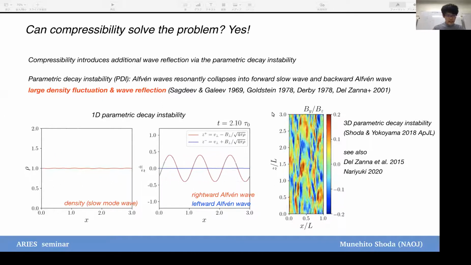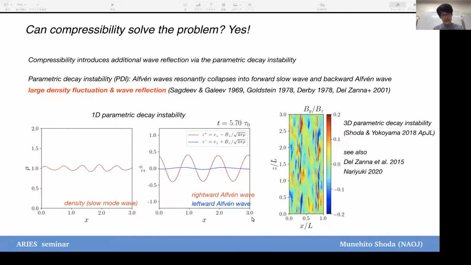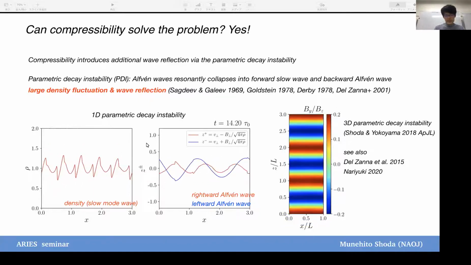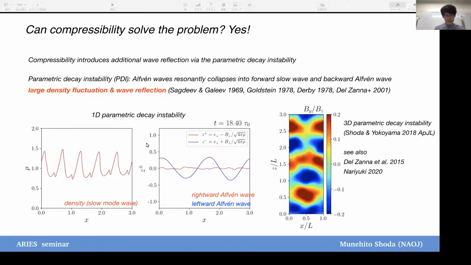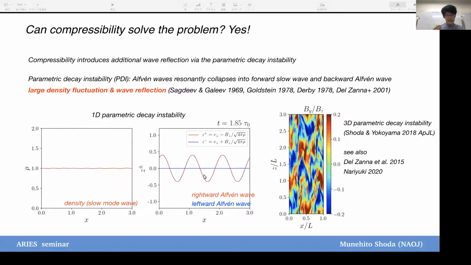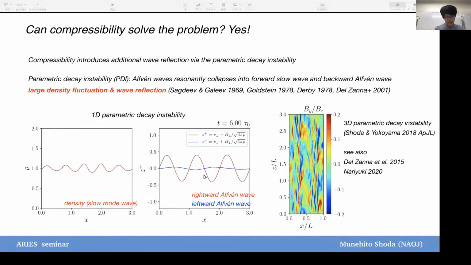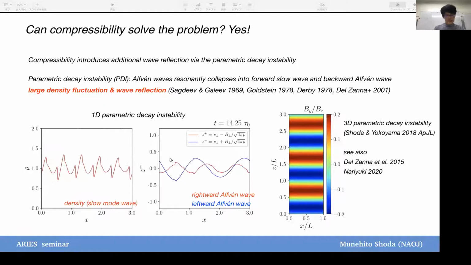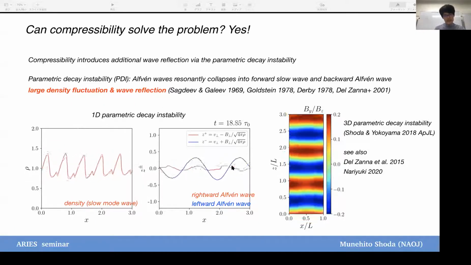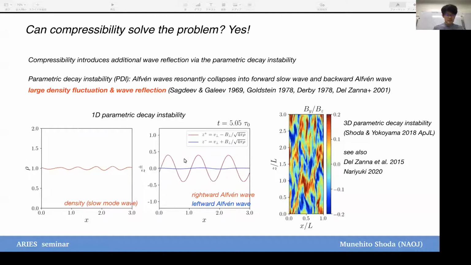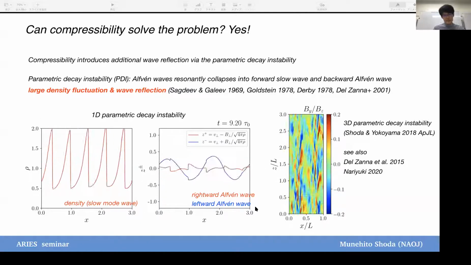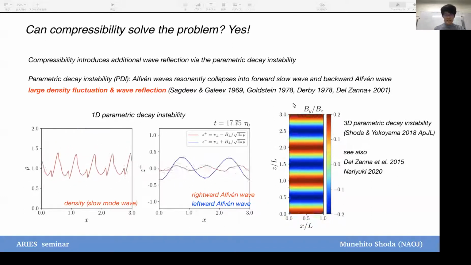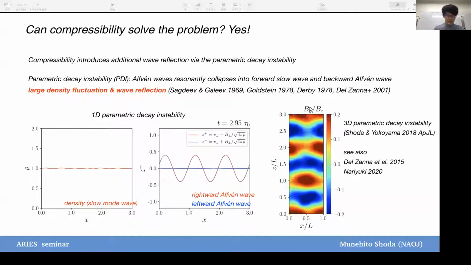So what I'm showing in the right bottom animation is a numerical demonstration of the parametric decay instability. So initially, we had the rightward going Alfvén wave, which is shown by this red solid line. But as the instability develops, we have an exponential growth in the density fluctuation. And finally, we have a large amount of reflected back Alfvén wave. So this is a 1D demonstration, but if you test this parametric decay instability in the three-dimensional geometry, the system gets much more complicated.